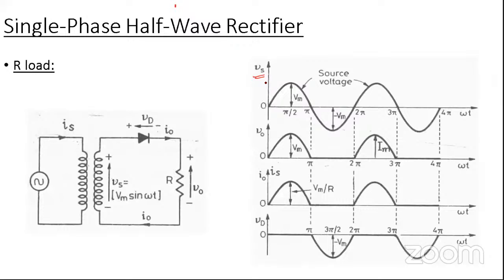Okay. So here the first one is the source voltage, that is the alternating sinusoidal voltage. And what is the output voltage? In the positive half we get output and it directly follows the input, but in the negative half the diode is in reverse bias, meaning this path is open, so there will be no voltage in the output, so that part is 0.